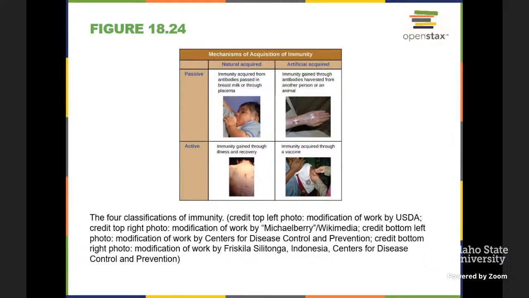So not getting the infection, but getting a fragment of that that stimulates the body to say, wait a minute, this is a bad guy, and we produce antibodies against it. So either dealing with the actual thing or a fragment of it is an active type, either natural or artificially conferred. And I will quit with that.